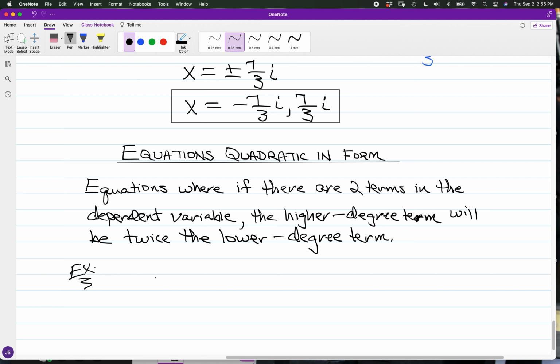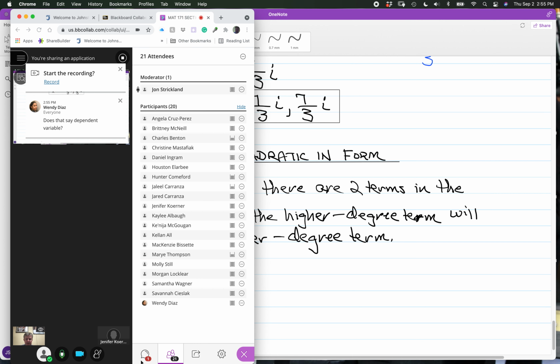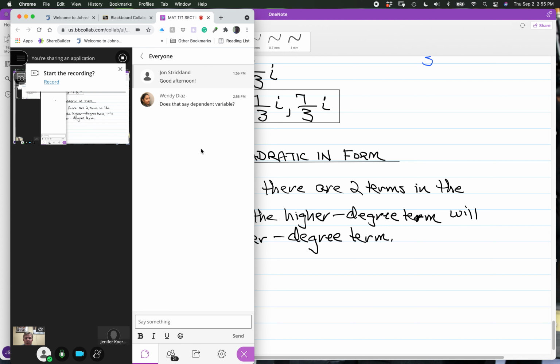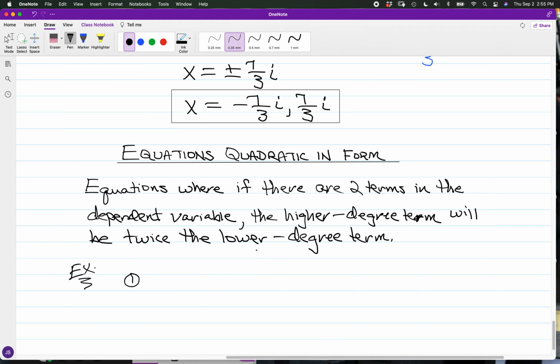We're just taking a bit of sampling. Okay, and the dependent variable, in other words, that's the variable you're solving for.